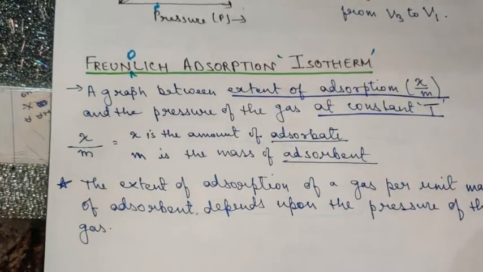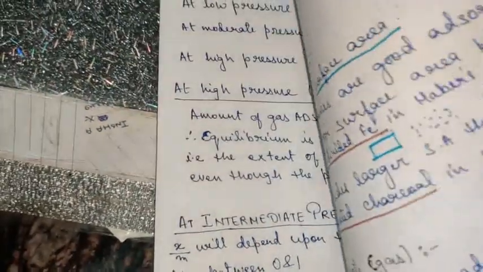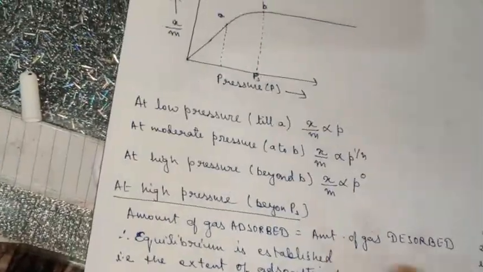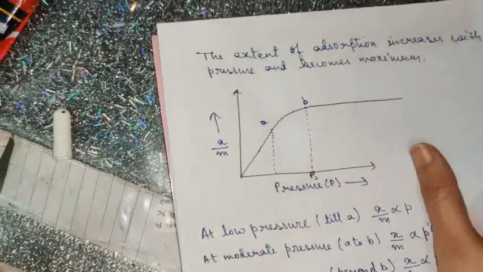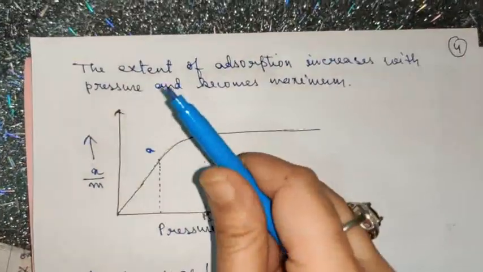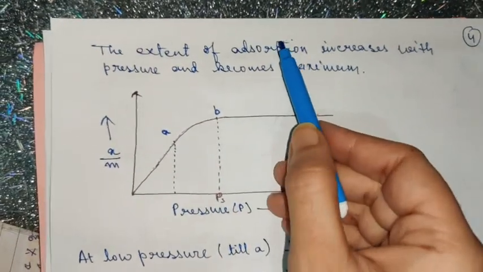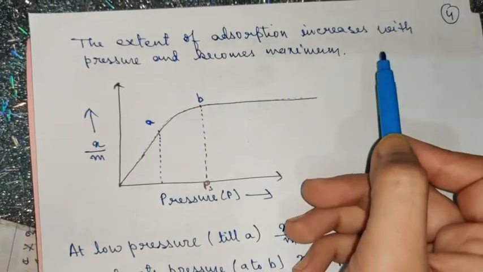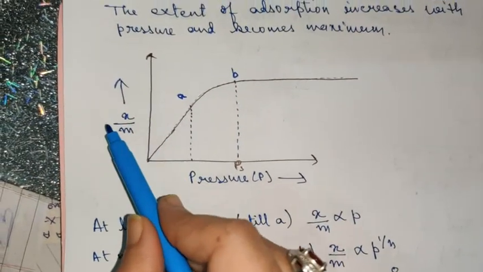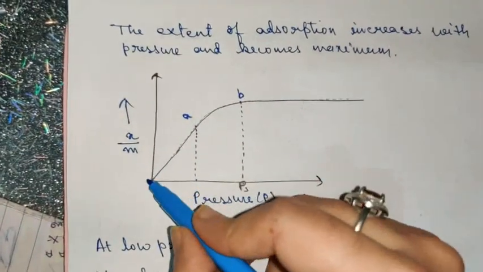Now see what the graph is. Though we have already discussed this graph in the last class, the extent of adsorption increases with pressure and becomes maximum. As you can see here, the graph is between the extent of adsorption and the pressure. The graph goes like this.